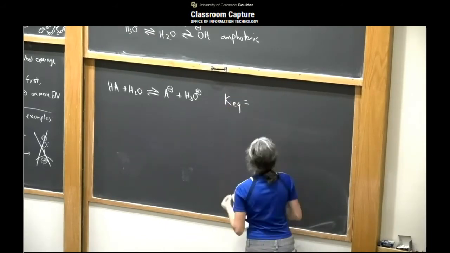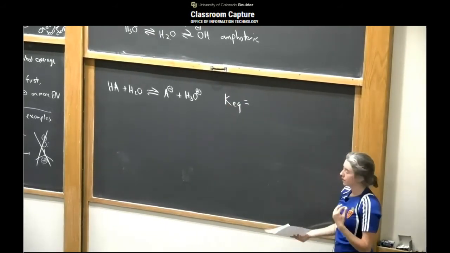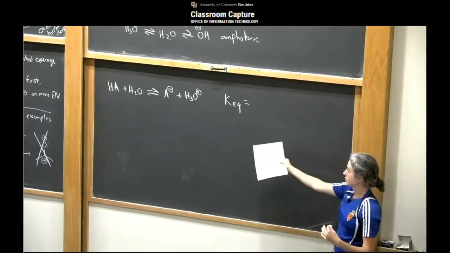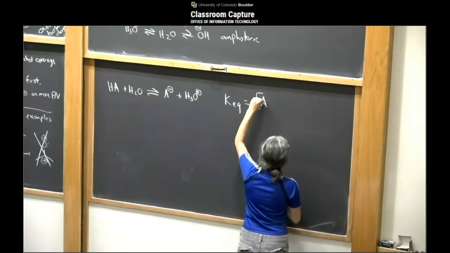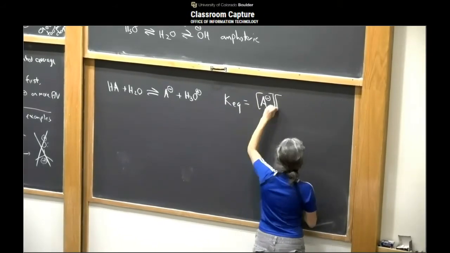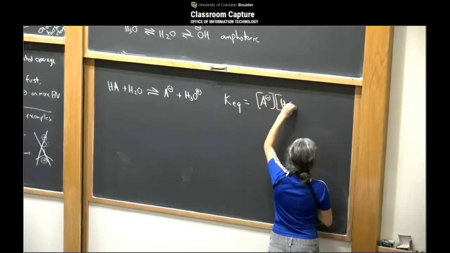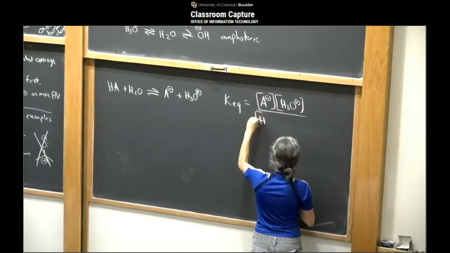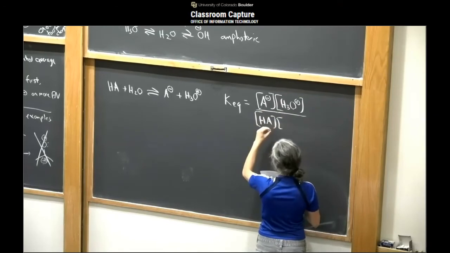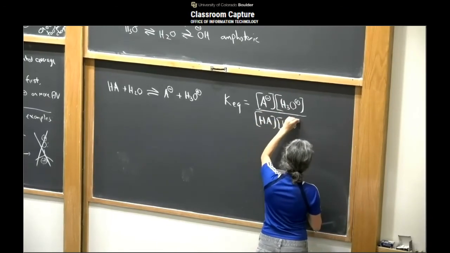Keq, is going to be the product of all of the concentrations of stuff on this side. So concentration is in square brackets. So [A minus][H3O plus] all over [HA][H2O].